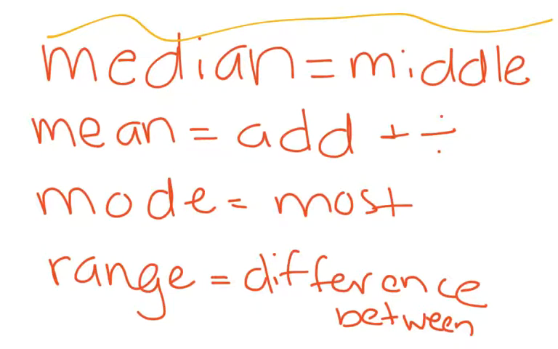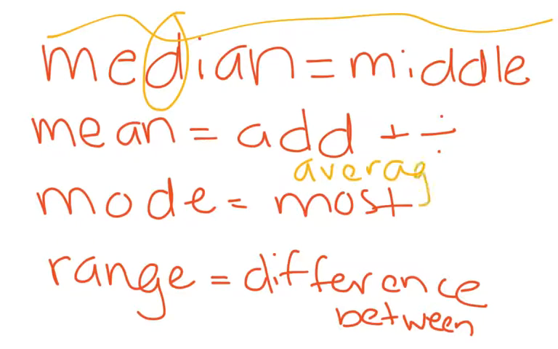So now I'm going to teach you some things to remember. So median is the middle. Think if you are driving in the median of the road, that's the middle. And look, that D kind of stands for the middle. Mean, you're just going to have to remember, is kind of like the word average.